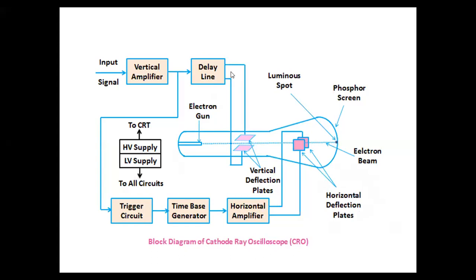So here the main purpose of the delay line is to provide some delay to the applied vertical amplifier signal.